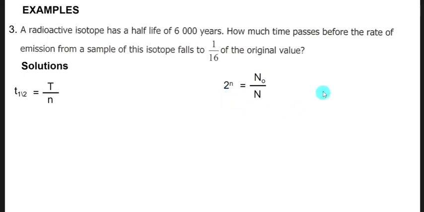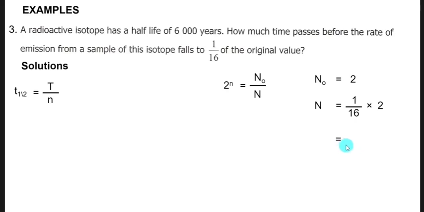Let's assume the original amount is equal to 2. The amount remaining is 1 over 16 of the original, and of means times, so 1 over 16 of the original, which we assumed to be 2.